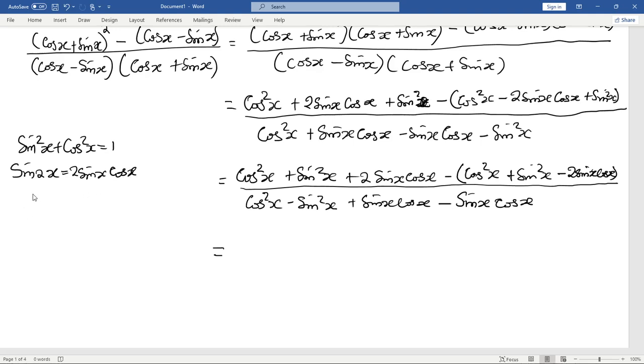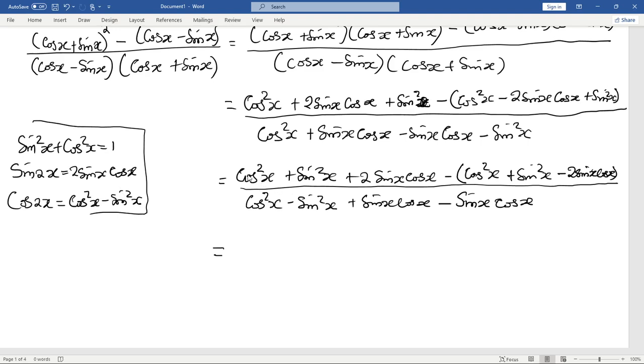We also know the double angle identity for cosine, cos 2x equals cos squared x minus sin squared x. So we're going to use these identities later on.